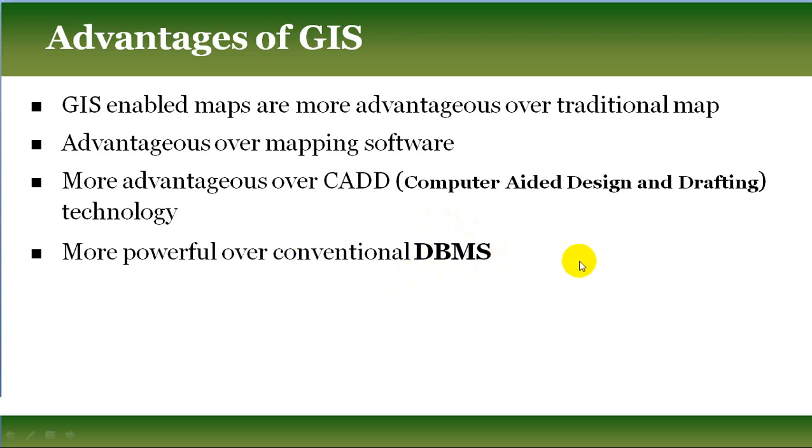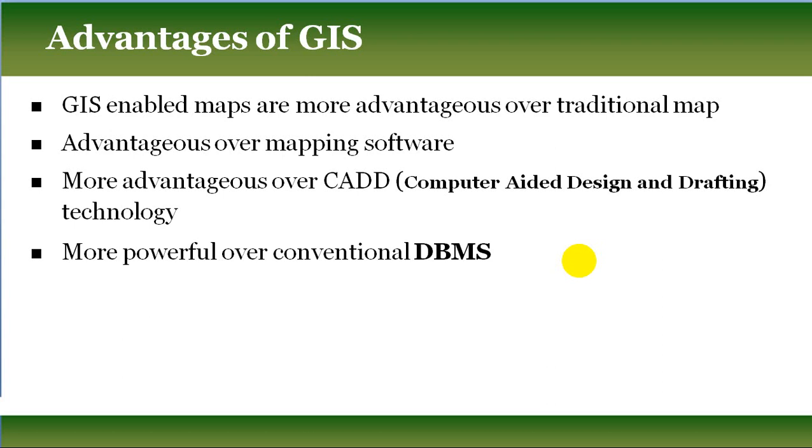Conventional DBMS technology is only capable of storing or handling traditional data like number, text, date, or some static picture, video, etc. Not more than that. So conventional DBMS software is not capable of storing geographical data. It's capable of storing only traditional number, text, date, or some static image or video.